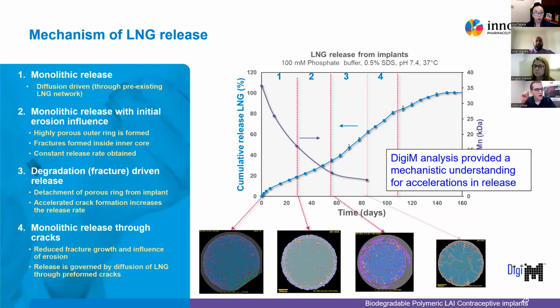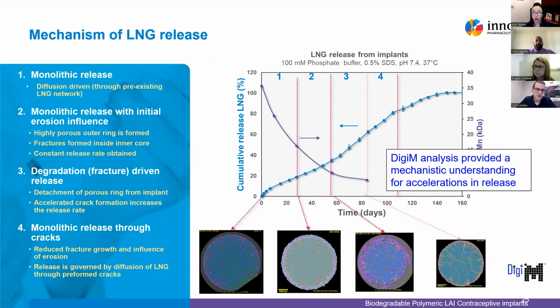So one of our initial investigations in this project was looking at the mechanism of release and how our release profile can be understood through CT imaging of the implant over time.